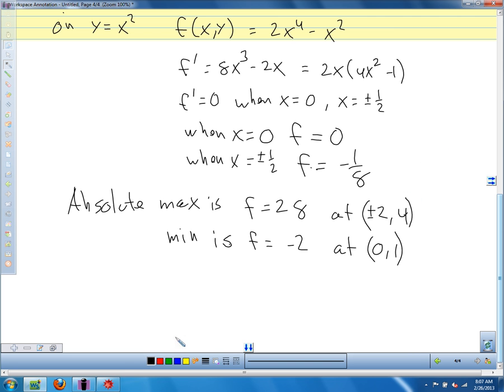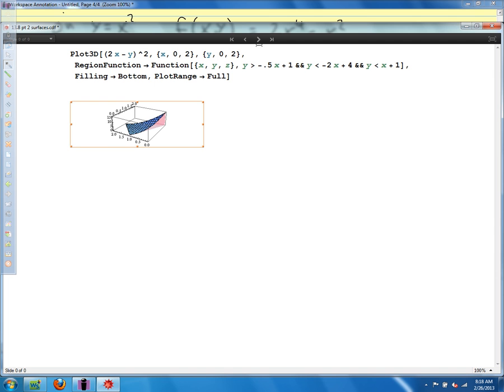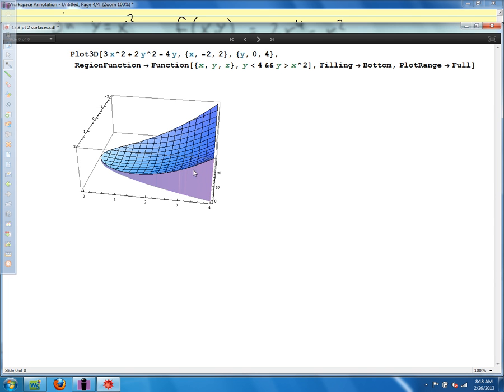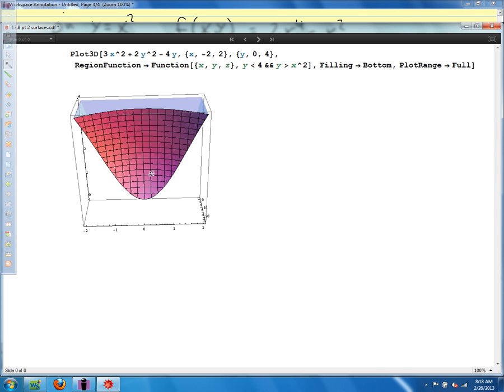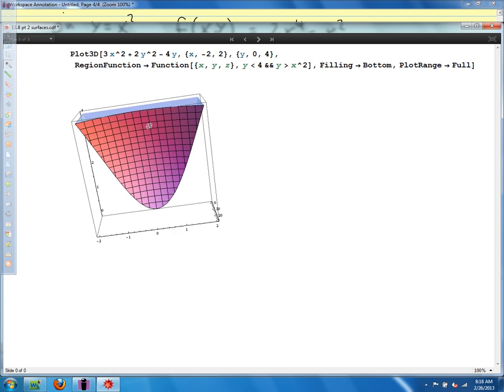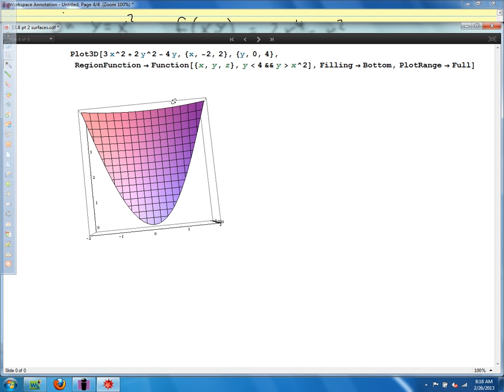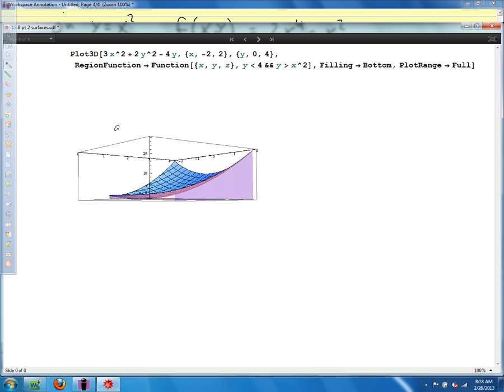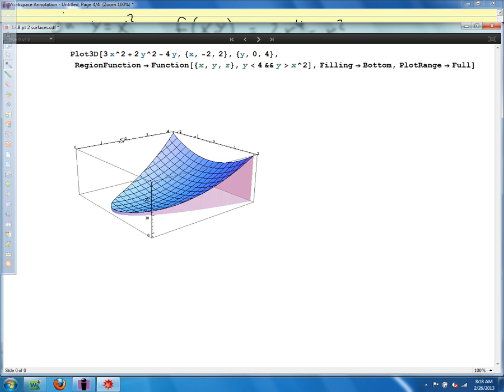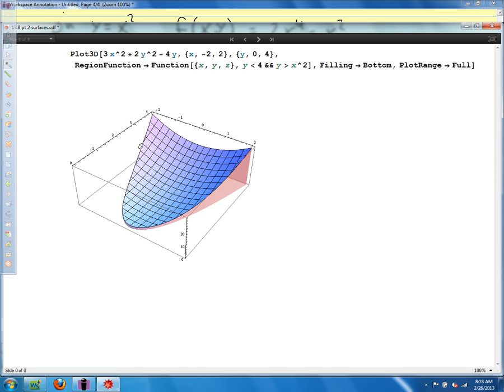And we take a look at a picture of this. So there's my function, there's the parabola, turn it this way, the parabola, the line. So my minimum is at 0, 1.